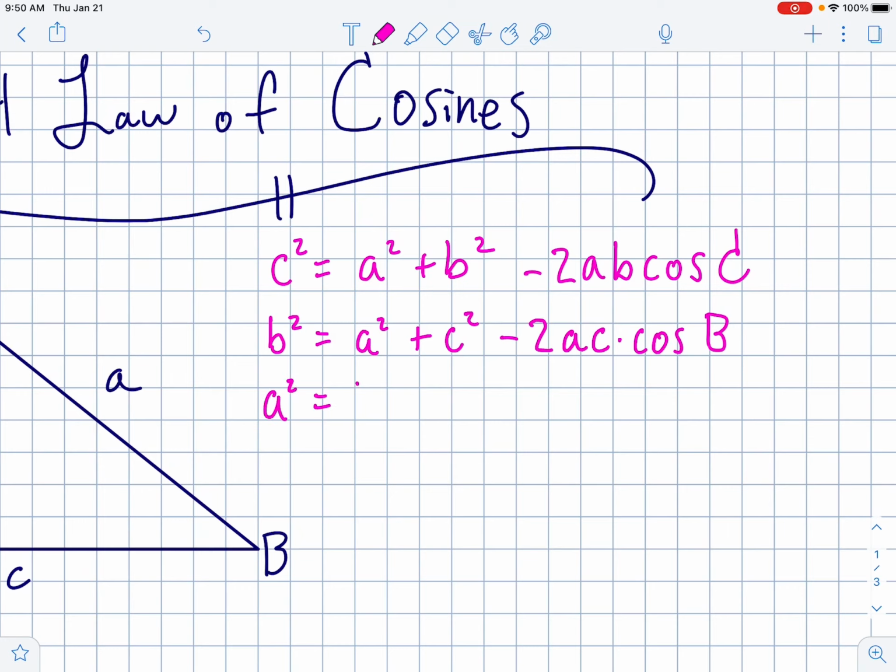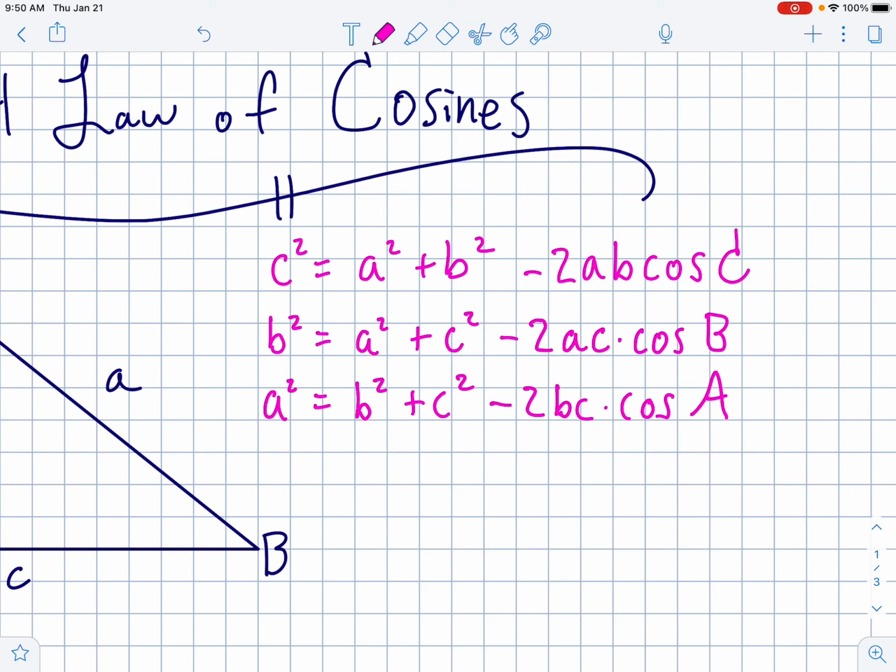A squared is equal to b squared plus c squared. Can you guys see the pattern, what it's going to be? Then it's going to be minus 2 times the guest stars, then times the cosine of the bookend, which is capital A.